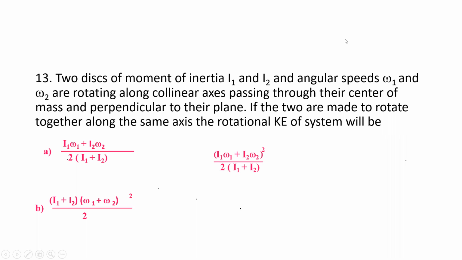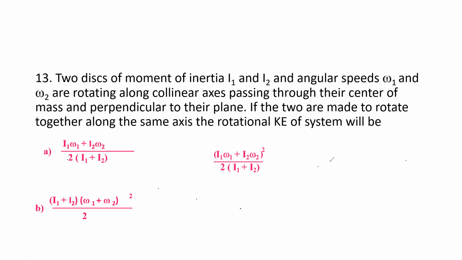Two disks of moment of inertia I1 and I2 and angular speed omega 1 and omega 2 are rotating along a collinear axis through their center of mass and perpendicular to their plane.